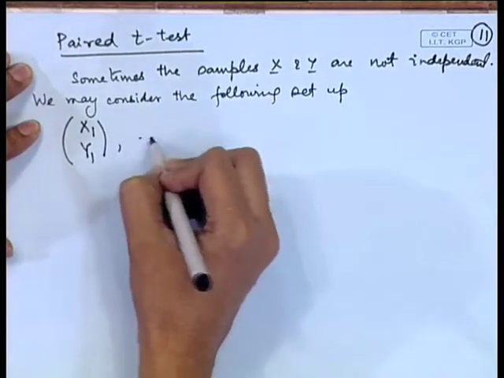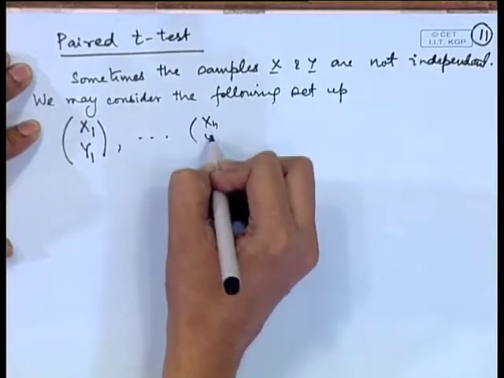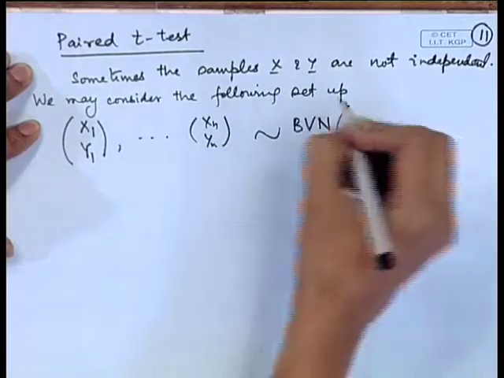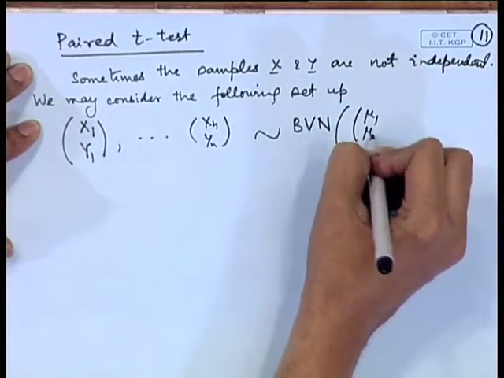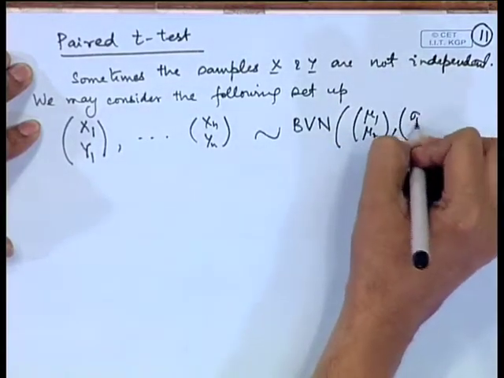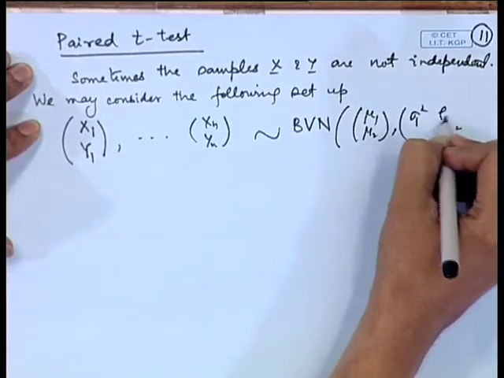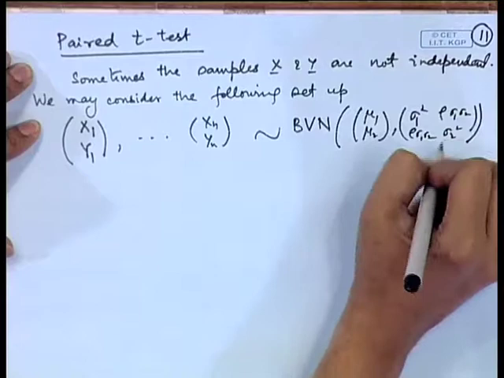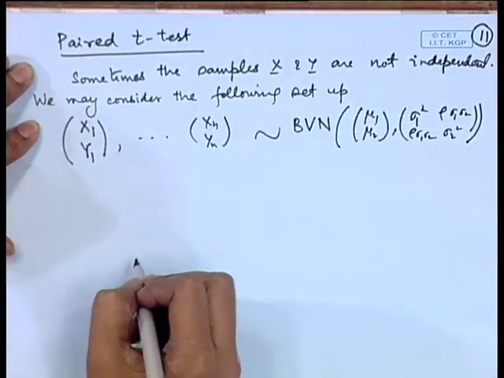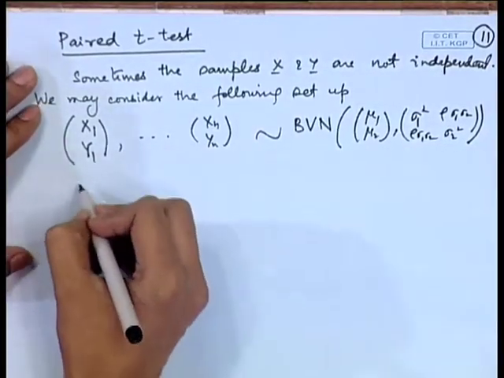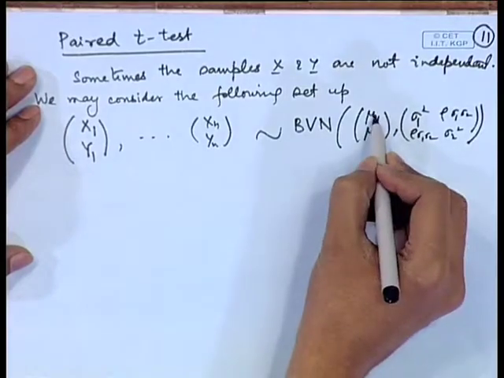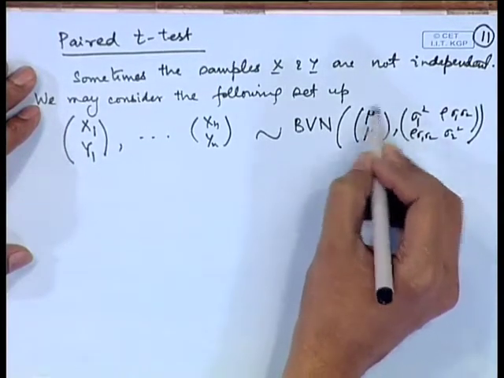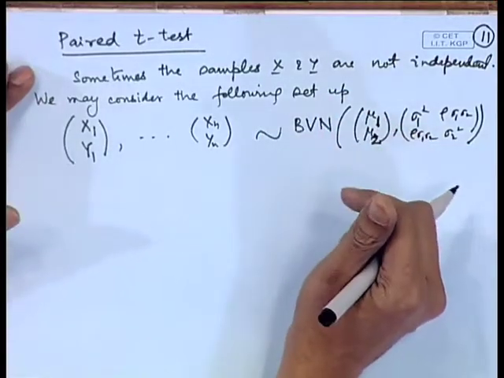So, x 1 y 1, x 2 y 2, ..., x n y n, this follows a bivariate normal distribution with mean say mu 1 mu 2 and variances sigma 1 square sigma 2 square and a certain correlation coefficient say rho here. So, in that case, we have to test about the equality of mu 1 and mu 2 or mu 1 less than or equal to mu 2 etcetera.